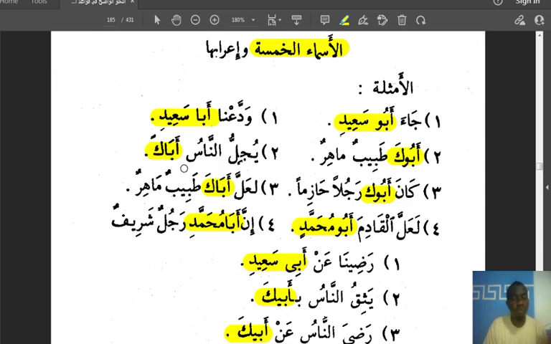Yujillu nasu, people honor or regard Abaka. Abaka here is the object, maf'ulun bihi, and we know it's also mansub. La'alla abaka, ismu la'alla should be mansub also, because la'alla al-qadima takes fatha, so mansub. Ismu la'alla is mansub, ismu inna is mansub, because they are siblings. La'alla abaka tabibun mahirun, perhaps your father is an expert doctor.